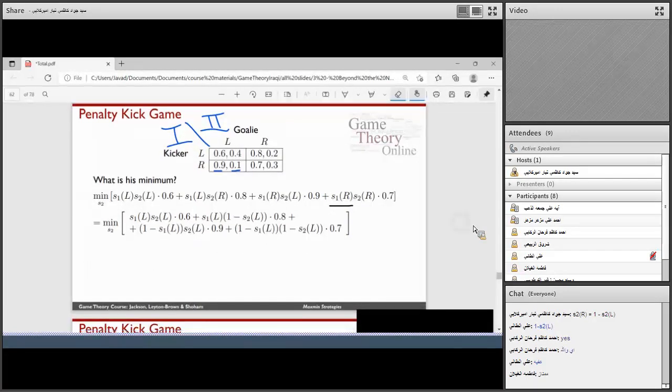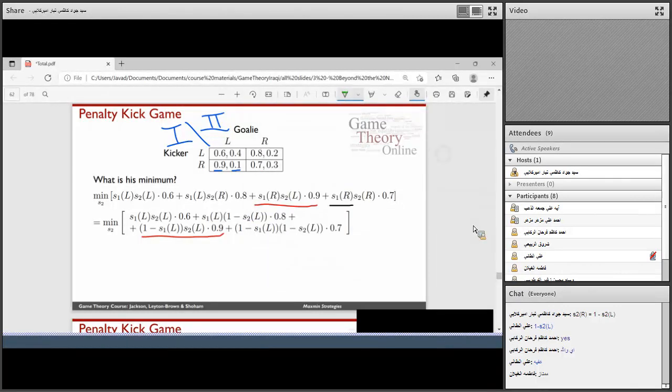If we convert S1 of R to 1 minus S1 of L, we get this as this, and this as this.